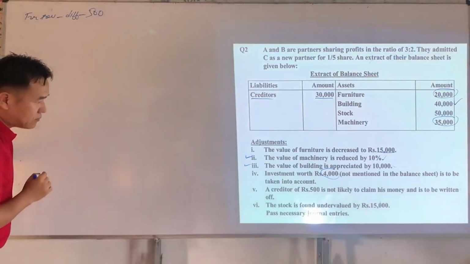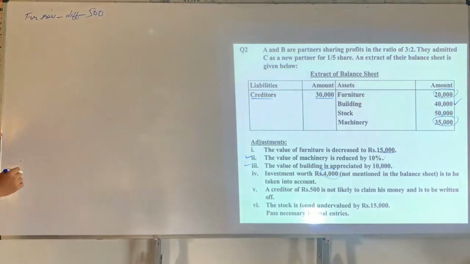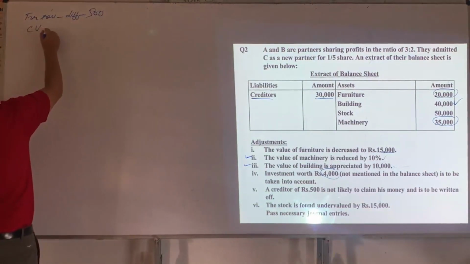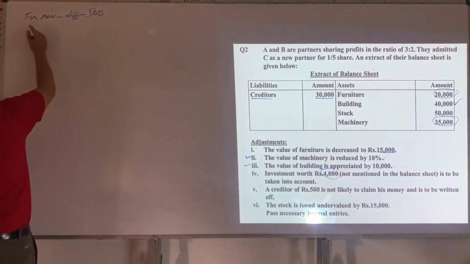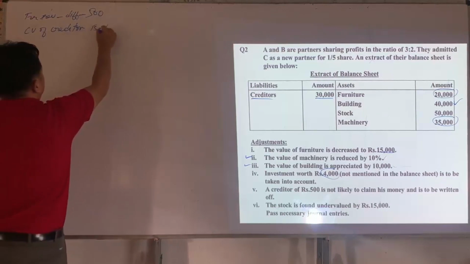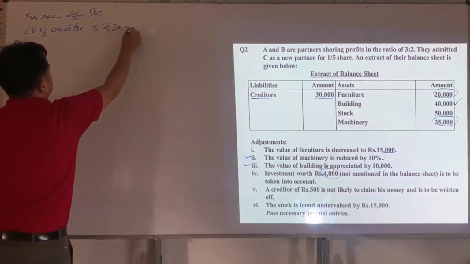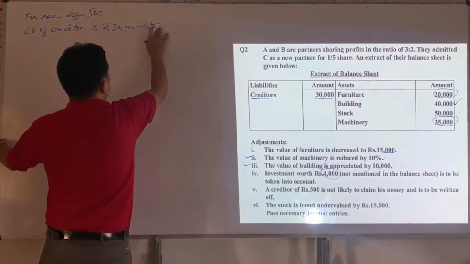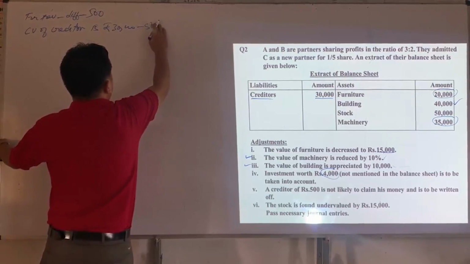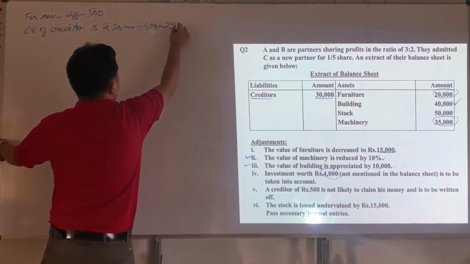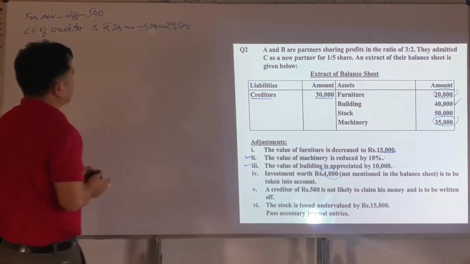Okay. So what is the current value of creditors? The current value of creditor is rupees 30,000 minus 500, which is 29,500.